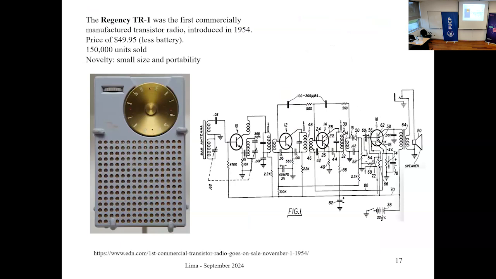And it has, you see here, 4 transistors and several inductors, transformers, capacitors, and the battery is around 22 volts. A huge battery. Nowadays this device is powered by 3 volts, something like this. But this is a portable radio, and it was very popular in the 50s, and then in the 60s.